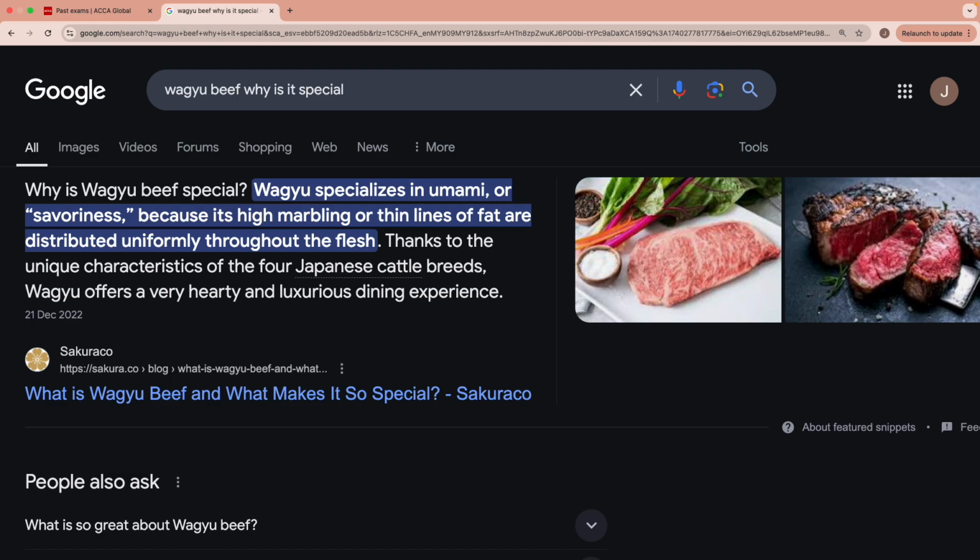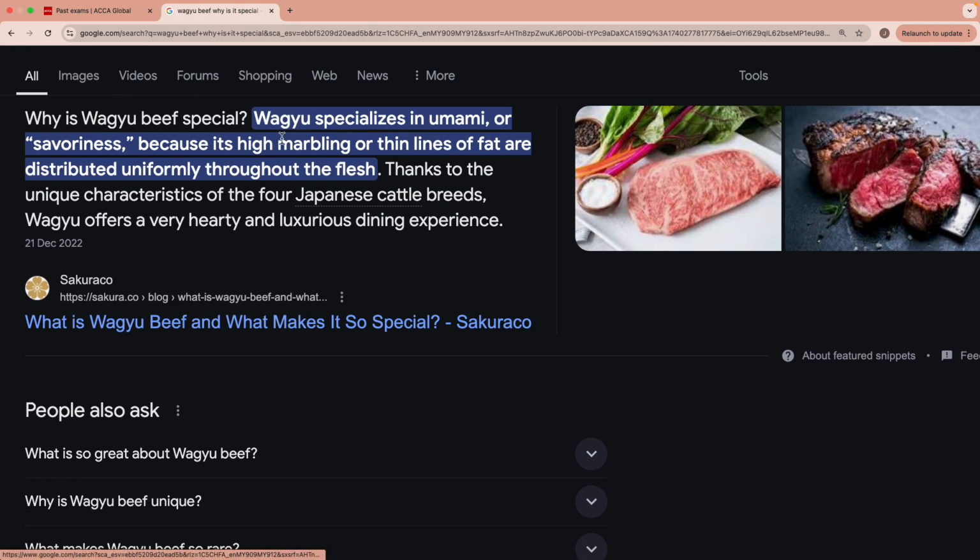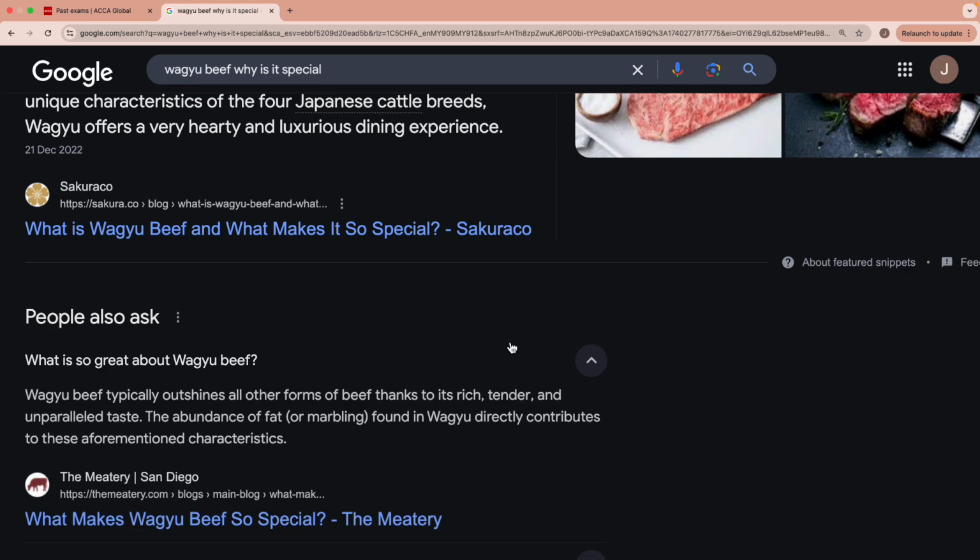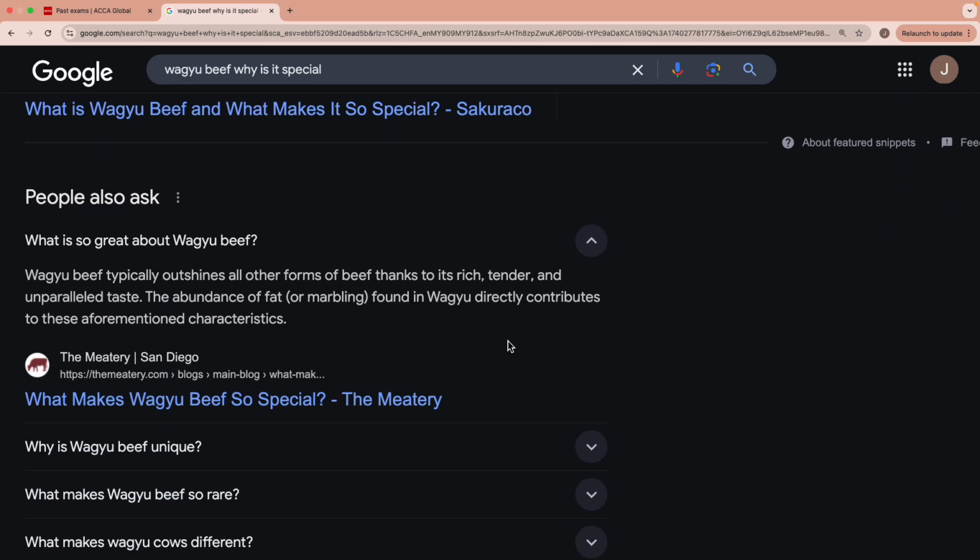Not really, I don't know. I don't think it's because of them listening to music. What's so great about Wagyu beef? Have you tried Wagyu beef? You have. What's the difference? Like a mix of fat and the meat. So tastier, but cannot eat much.